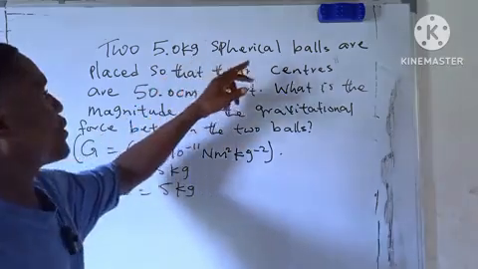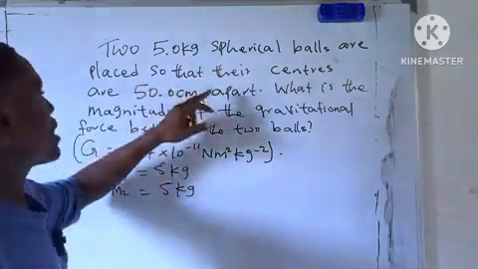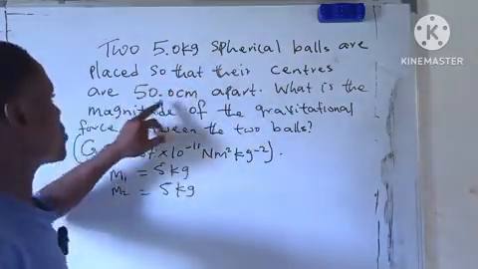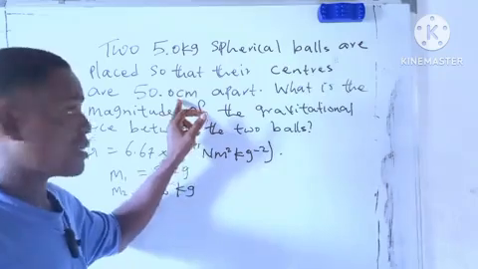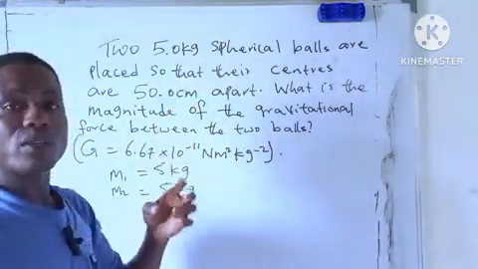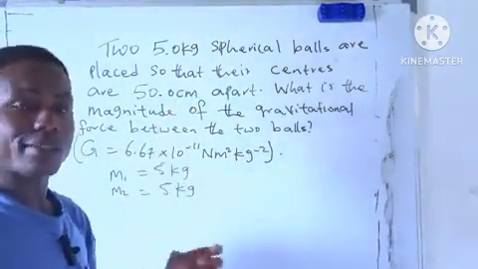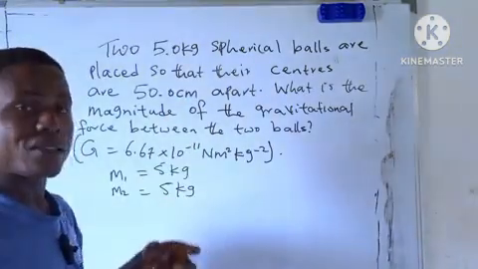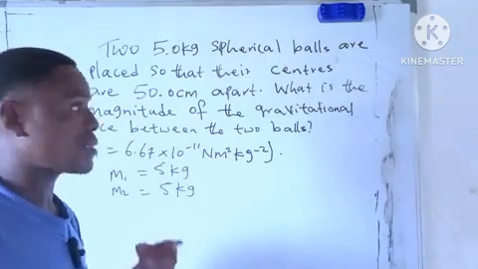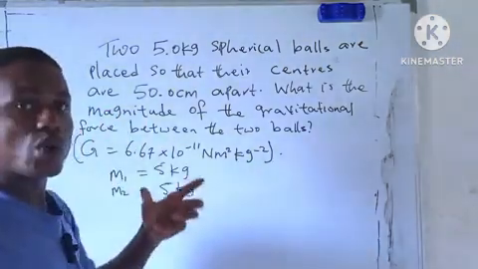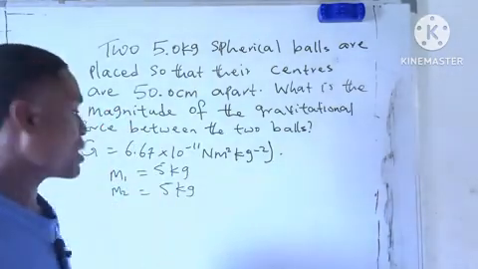Two 5 kg spherical balls are placed so that their centers are 50.0 centimeter apart. This centimeter indicates distance, either distance, height, or radius.